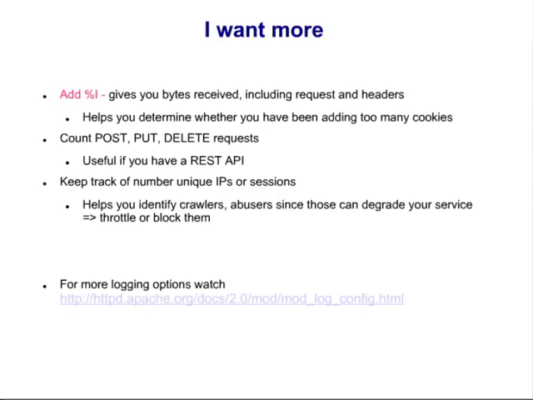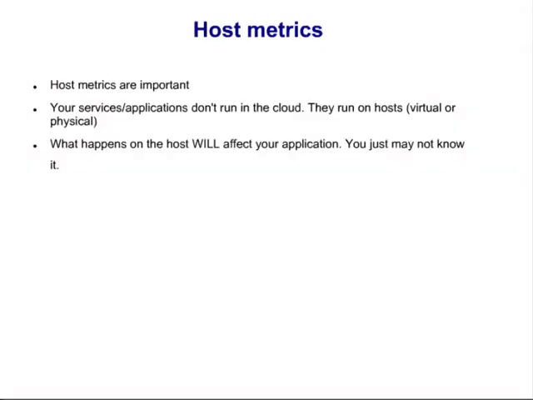Okay, so beyond just the basic web metrics, we also should really keep track of host metrics, because your applications are not running somewhere in the cloud. They're actually running on hosts, whether they're virtual or physical, and what happens on these hosts will affect your application.